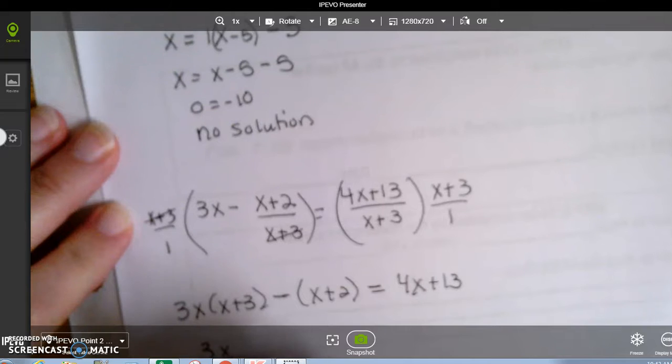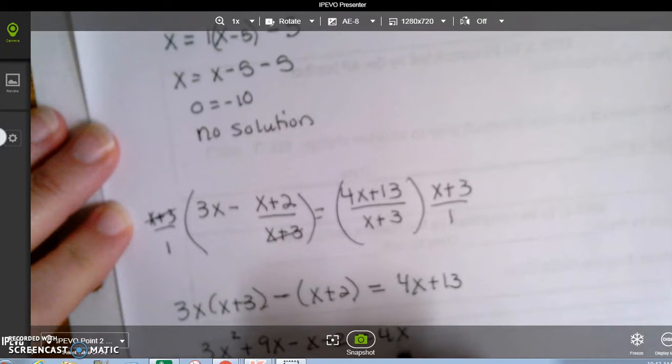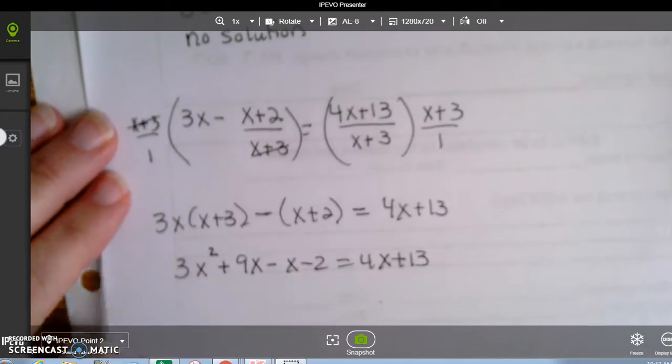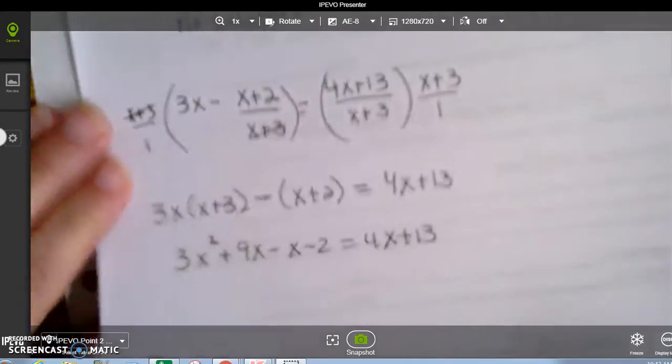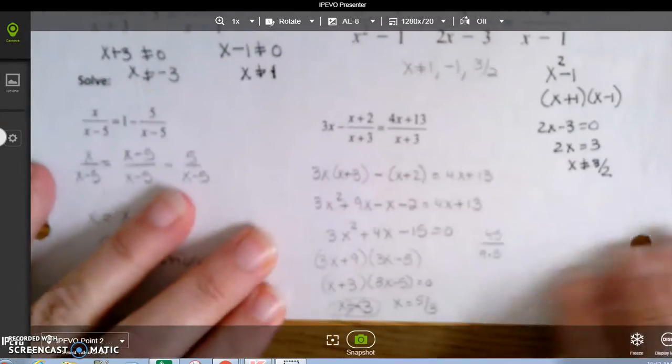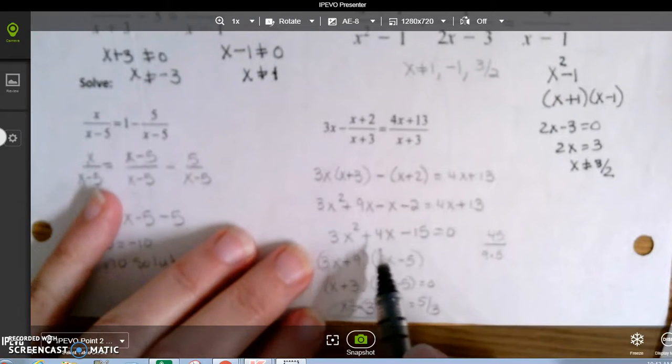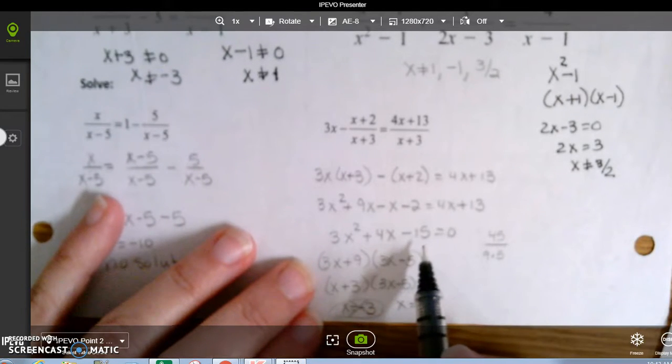So working this out, this is what I end up with. And this is a quadratic problem. So once I've combined like terms, I end up with 3x squared plus 4x minus 15.